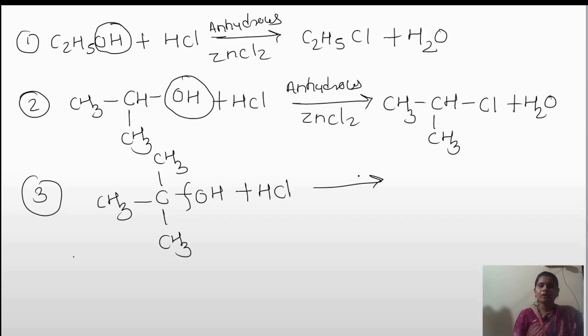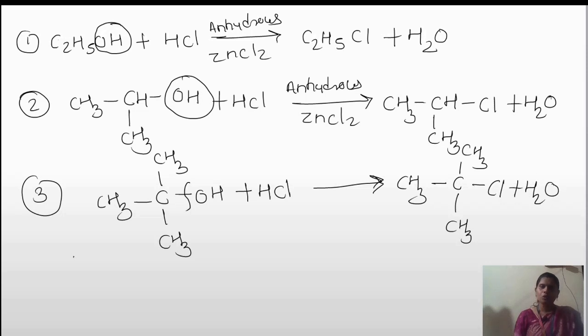So here no catalyst is used and the formation of product takes place. (CH3)3C-Cl, byproduct is H2O. So this is the reaction when we react alcohol with the hydrogen halides, we get the alkyl halides.